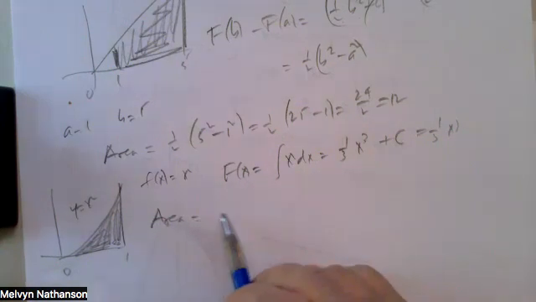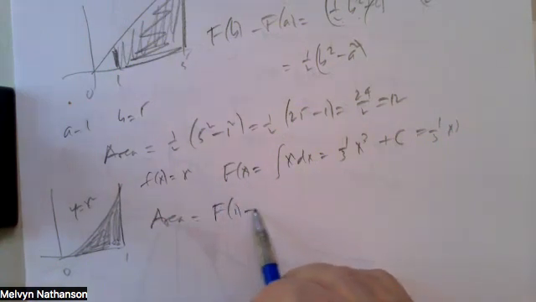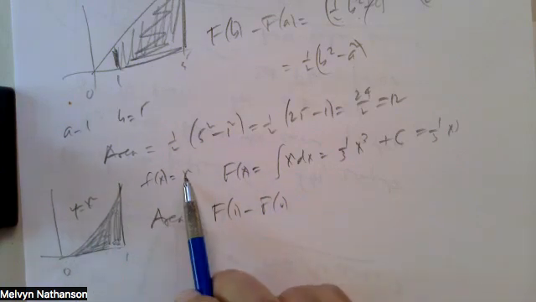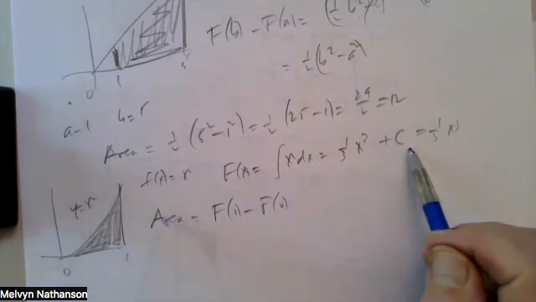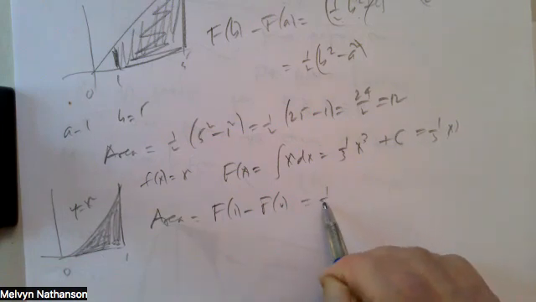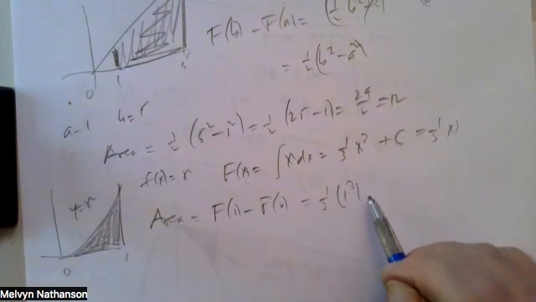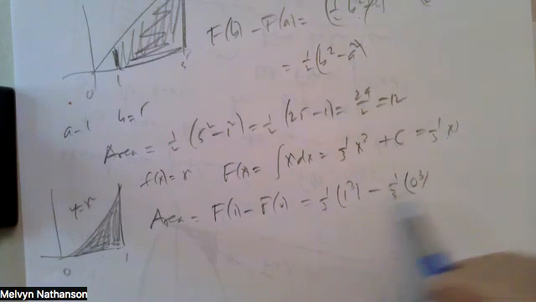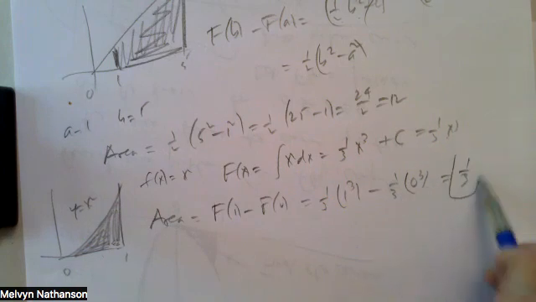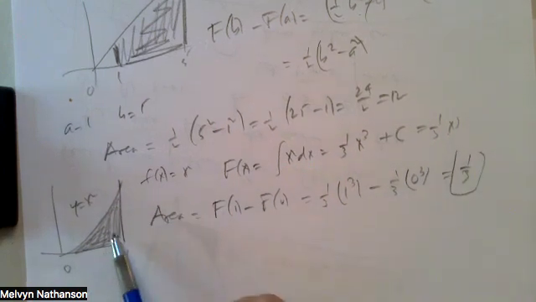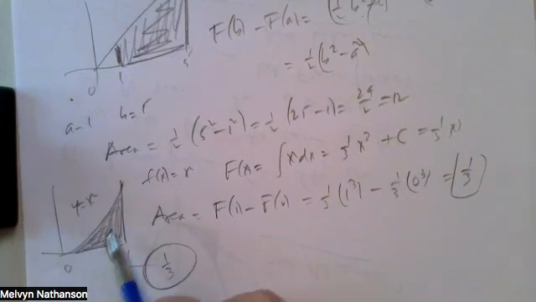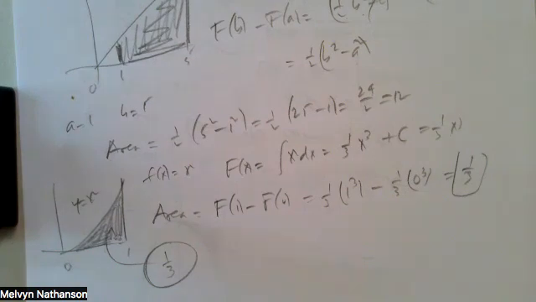So the area is going to be F of 1 minus F of 0. F of 1 is a third times 1 cubed. F of 0 is a third times 0 cubed. That's a third minus 0. It's a third. So now this is actually a miraculous fact. One third. That's the area under this parabola from 0 to 1.